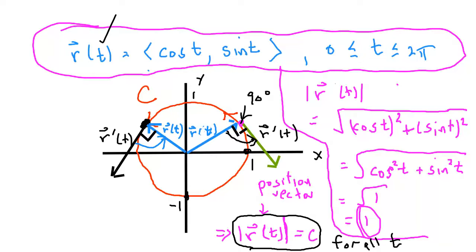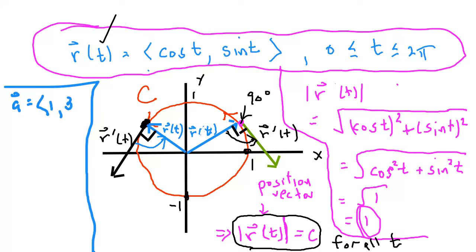I don't particularly want to erase this picture yet, but if you have a vector A that equals <1, 3>, let's just take something simple, and you take the dot product of A with itself, you're going to get 1 times 1 plus 3 times 3, and that equals 1 squared plus 3 squared.